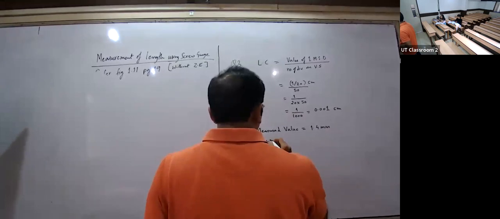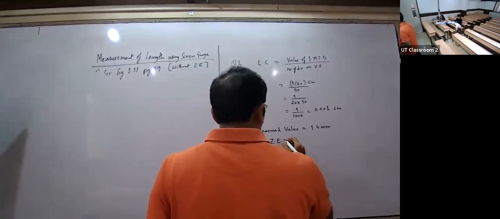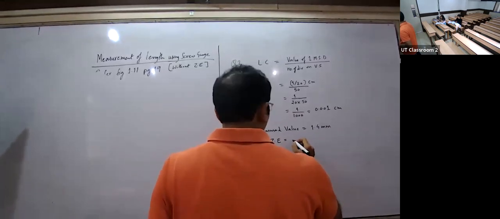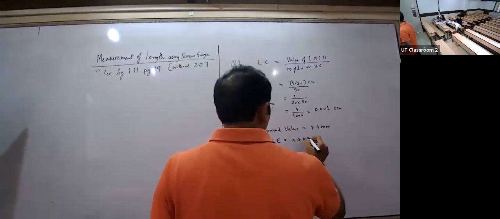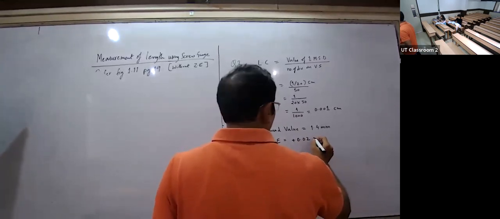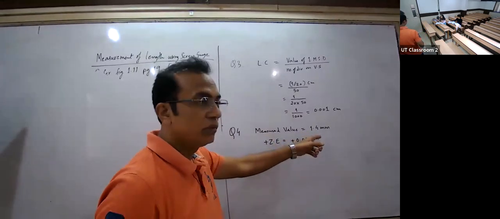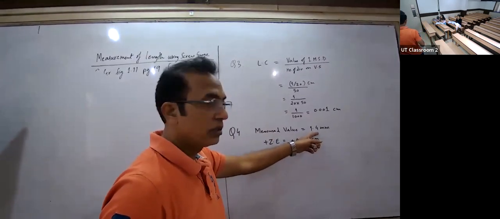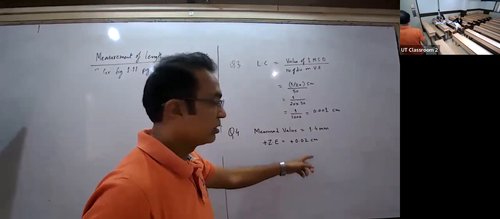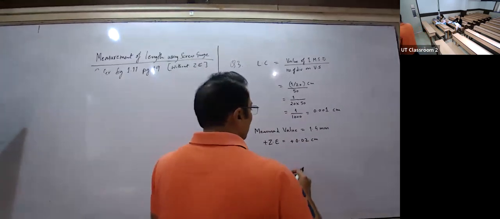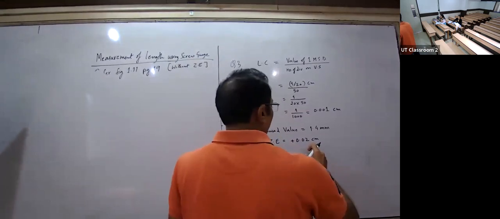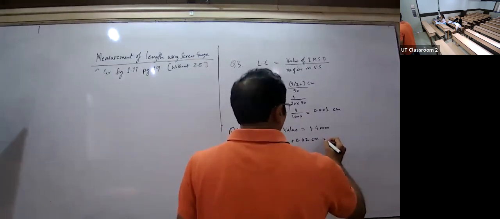So plus 0.02 centimeter. Right. So measured value is in millimeter. So either convert this in centimeter or convert this in millimeter. So centimeter to millimeter is 10 millimeters. So this is 0.2 millimeter.